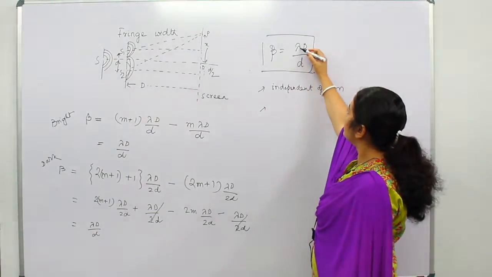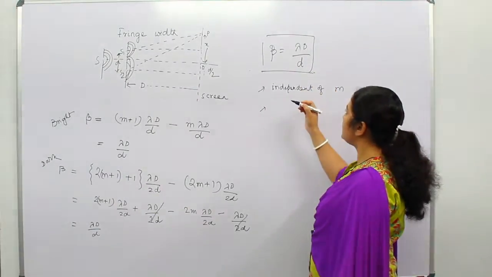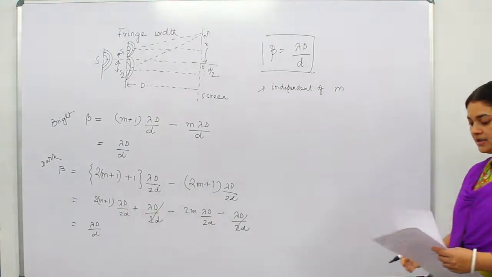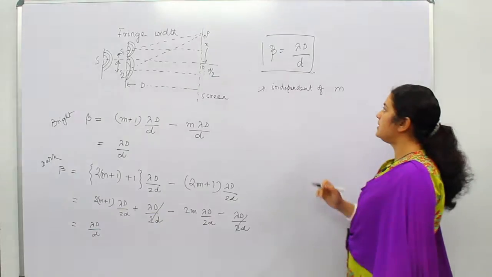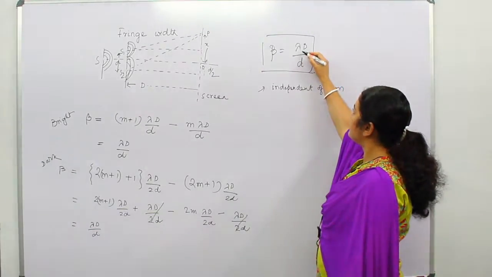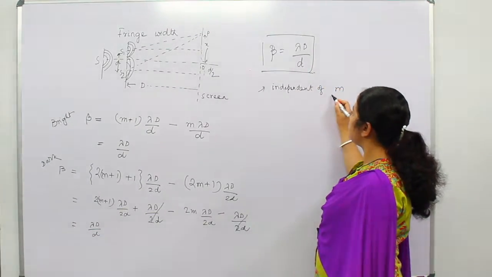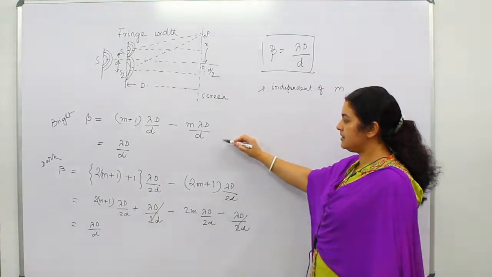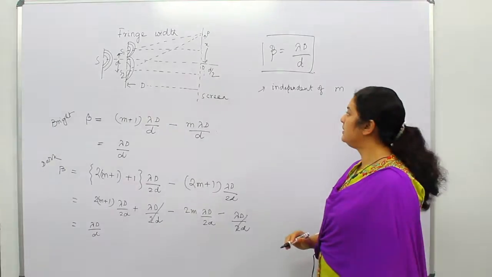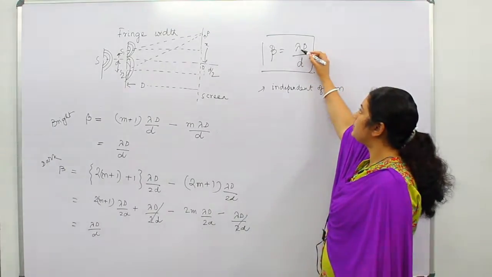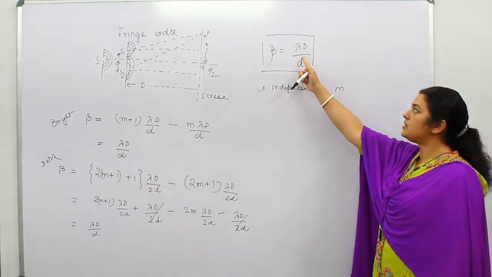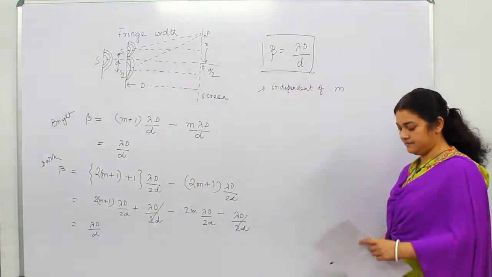And if lambda is decreased, the fringe width will decrease. So these are the points that we should remember: beta is independent of m, the fringe width for both dark and bright bands is equal, and it is directly proportional to lambda. So if we change lambda, accordingly beta will change.